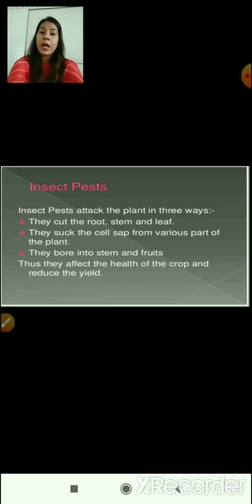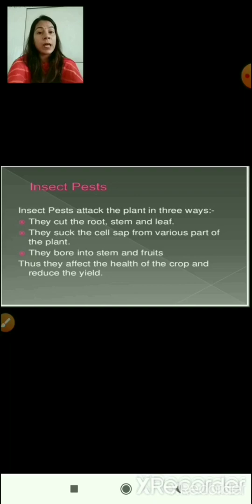Insect pests attack the plant in 3 different ways. Some of the insect pests cut the roots, stem or leaf. Some of them suck the cell sap or the juice which is present inside that particular part of the plant.